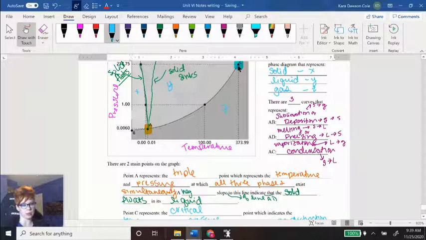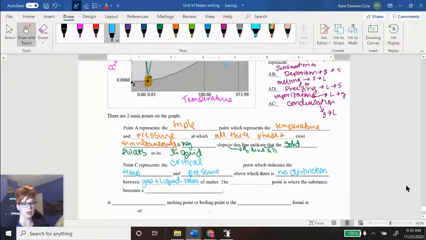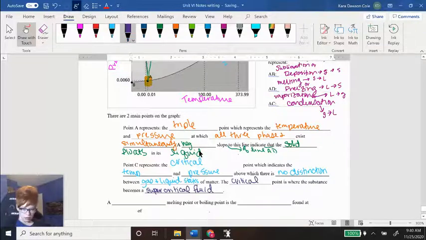This would be my critical temperature here. This would be my critical pressure here. That's the temperature and pressure above which there's no distinction between the gas and liquid phases.